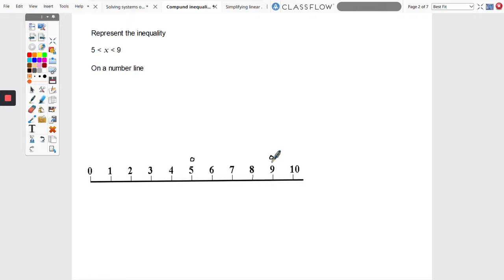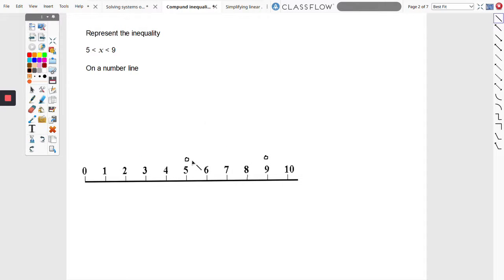And I'm also going to do the same for 9, because 9 is not part of the set of values that satisfies that inequality. I'm just going to draw a straight line to represent them. So that now shows the inequality 5 is less than x is less than 9 on a number line.